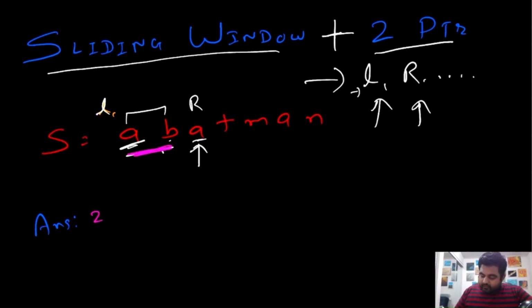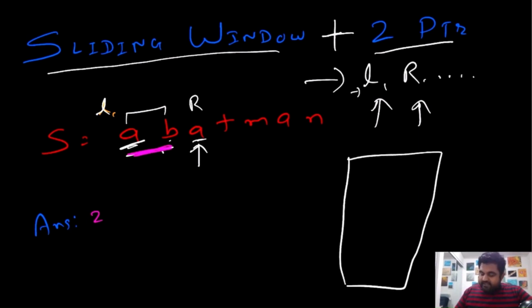So what we are going to do is have a visited hash set, and inside this visited hash set we are going to store all the characters we have found so far between L and R, and keep adding until we find a repeating character.